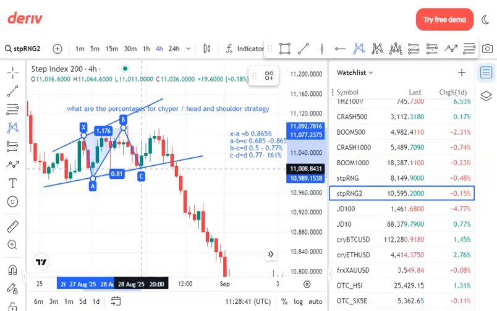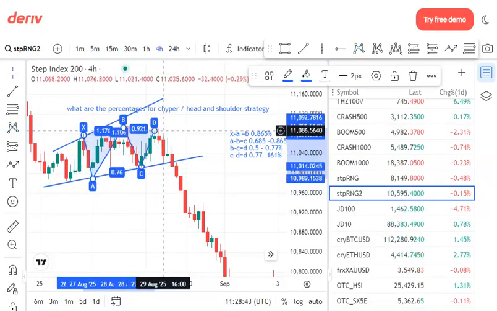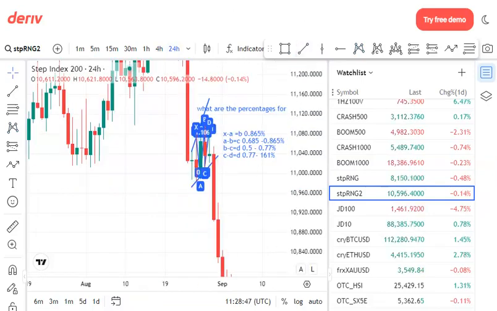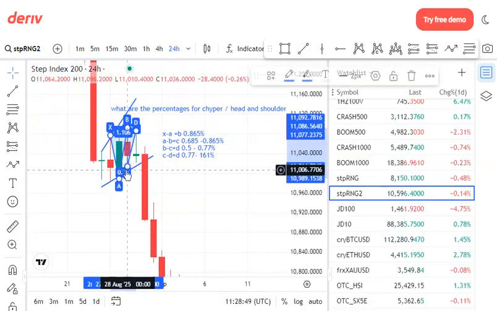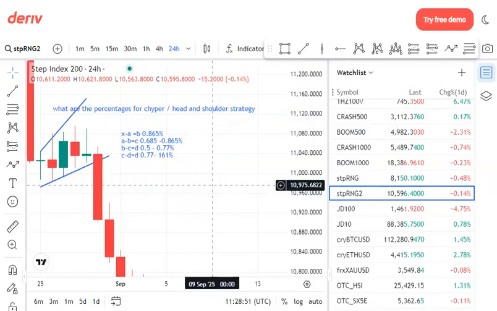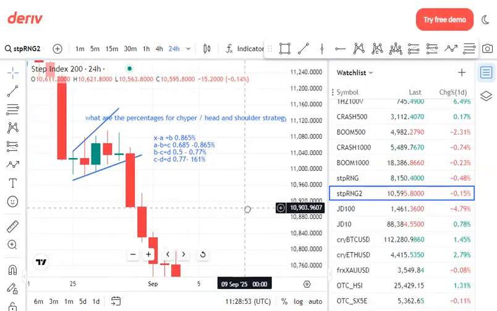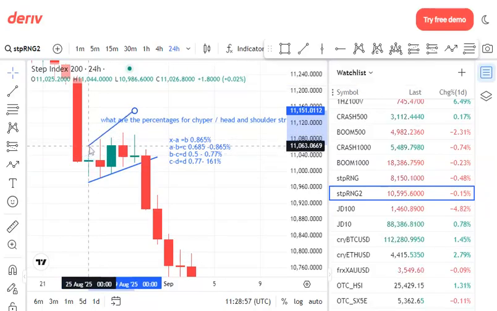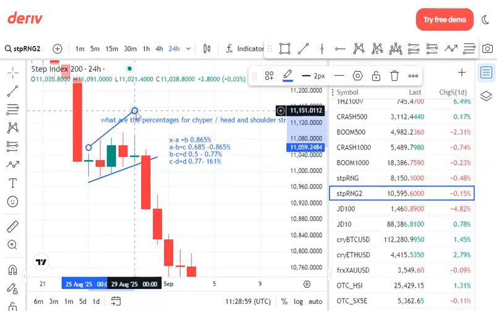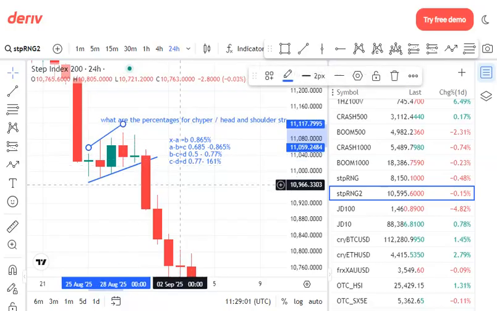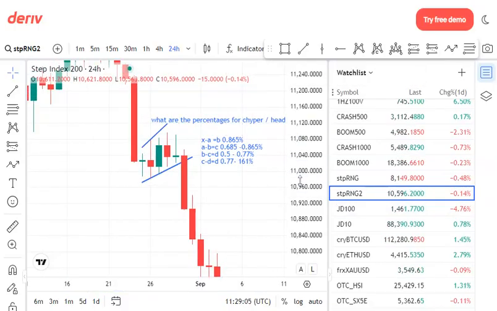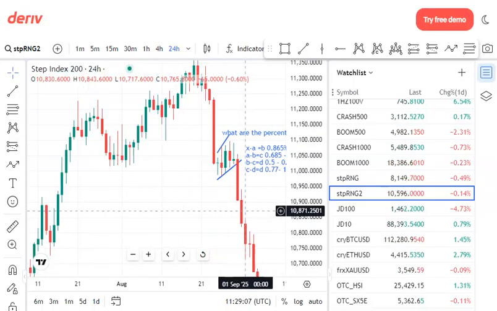I calculated X to A and A to B and B to C. After I calculated this, I showed you guys the signal. In fact, I told you guys to trade it with me, right? I posted the video immediately and asked you guys to trade it. Now that strategy went in serious profit. In fact, gold is seriously buying, and that's because I saw the strategy. And the strategy came in form of the cipher pattern.